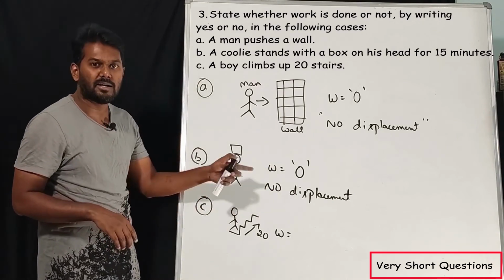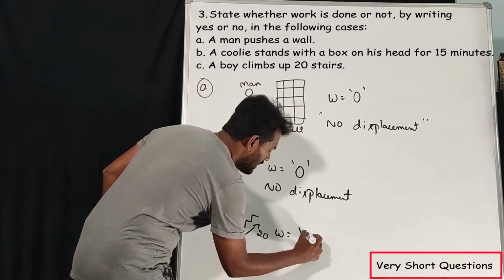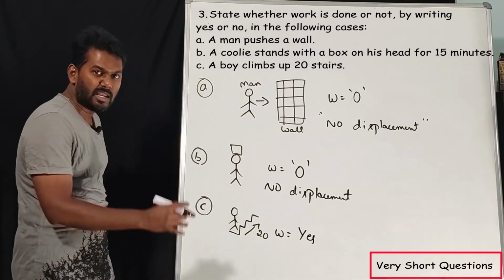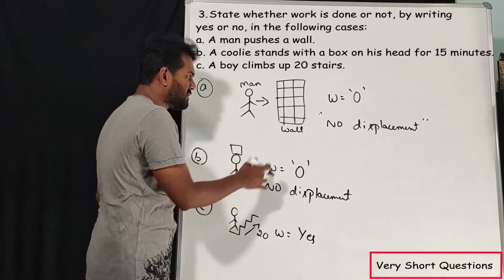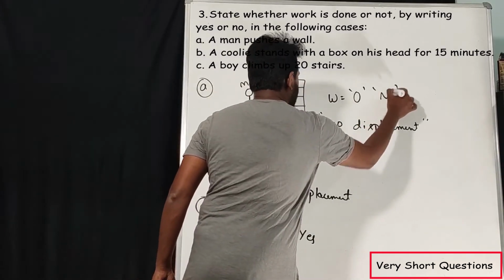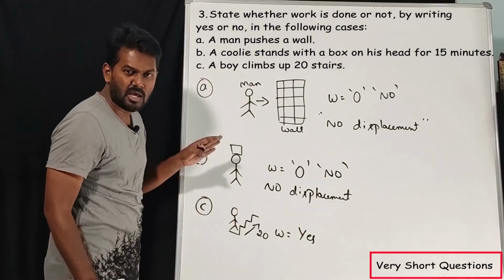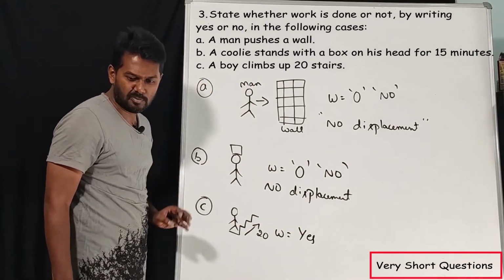That is why we have work done. So yes, there is work done. In both the earlier cases there is no work done, so you write no as an answer. Here we have yes because there is a force and there is a displacement.